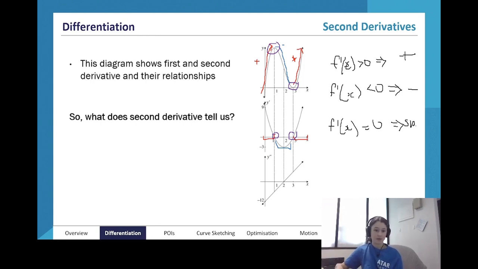Now, getting into the relevance to the second derivative. So, remember the second derivative is the derivative of the derivative. So the second derivative tells us about the properties of the derivative function, but it also tells us about the properties of the original function, y. So we're going to go over those now.